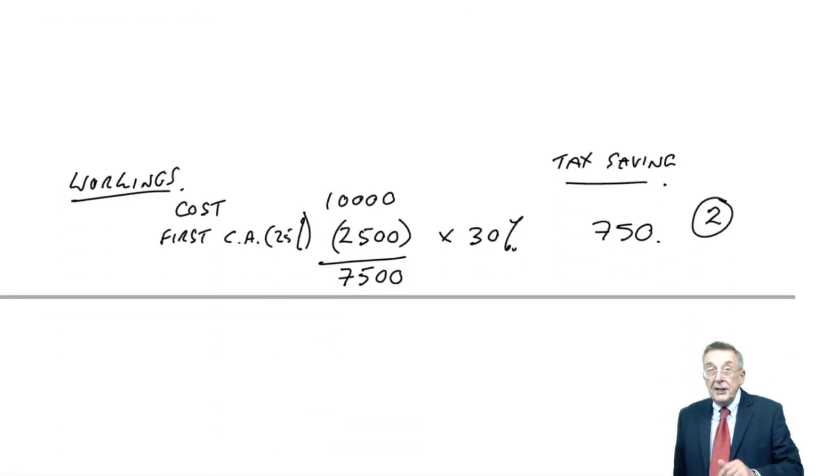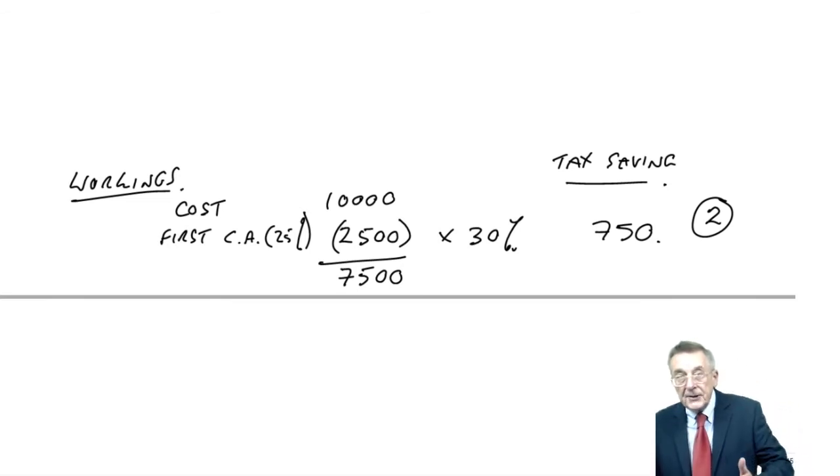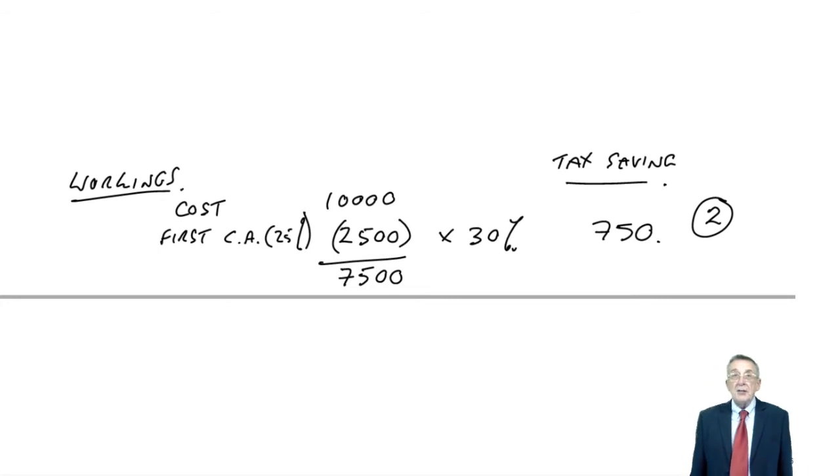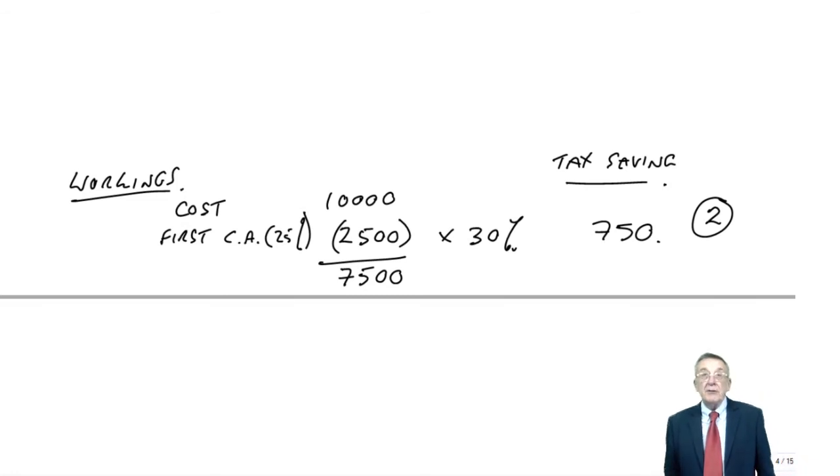Finally, before we continue, think how many years we're going to be doing computations for. You know, we do a computation for every year we own the machine. And so normally you'd carry on and say, oh, in the second year, it'd be 25% of 7,500. In the third year, 25% of reducing balance, and so on.